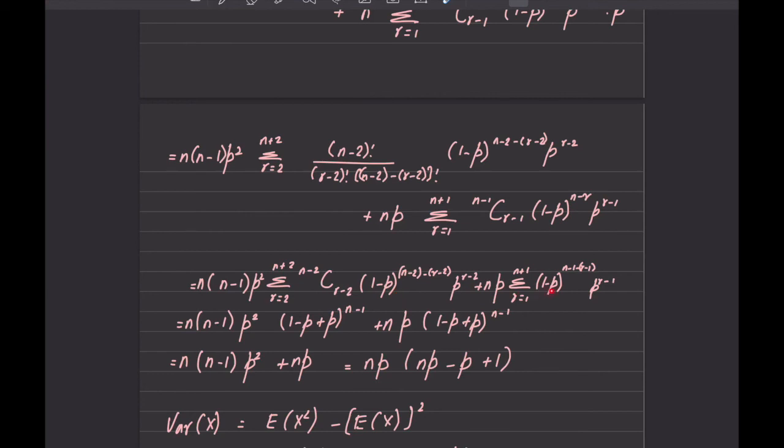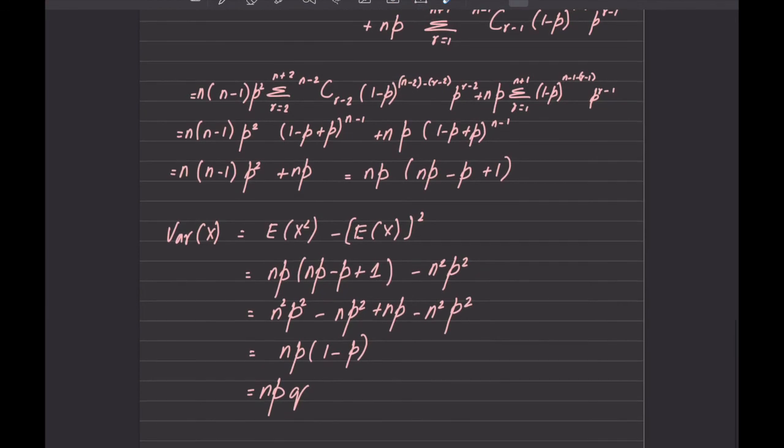Likewise, if you look at this series of terms, you would identify that this is a binomial expansion of (1 minus p plus p) to the power n minus 1. 1 minus p plus p simplifies as 1, and 1 to the power n minus 1 simplifies as 1. So I can write down the first term as n minus 1 p squared and the second term as n into p. Taking np common from all the three terms, I get np times (np minus p plus 1). Now that's the expectation of x squared.